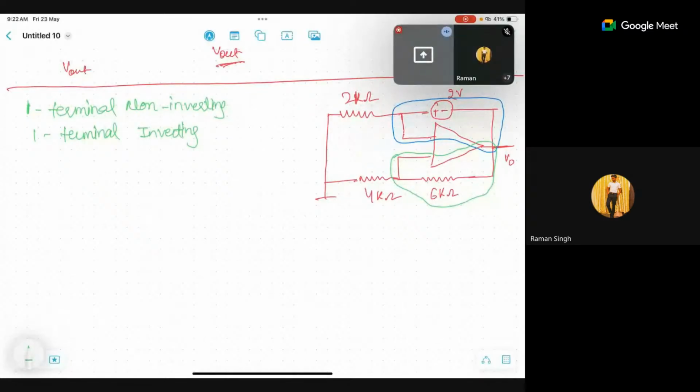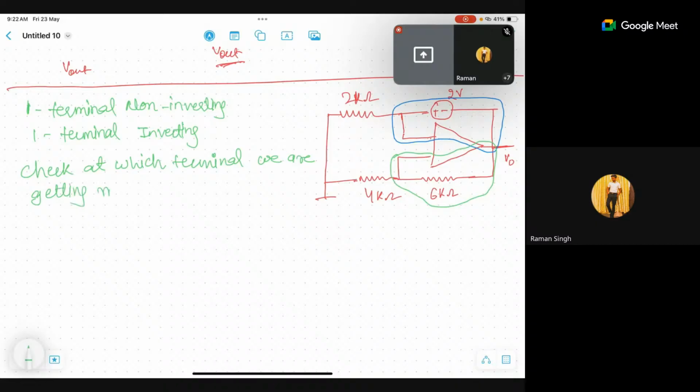So what we do, we just check at which terminal we are getting more negative voltage.